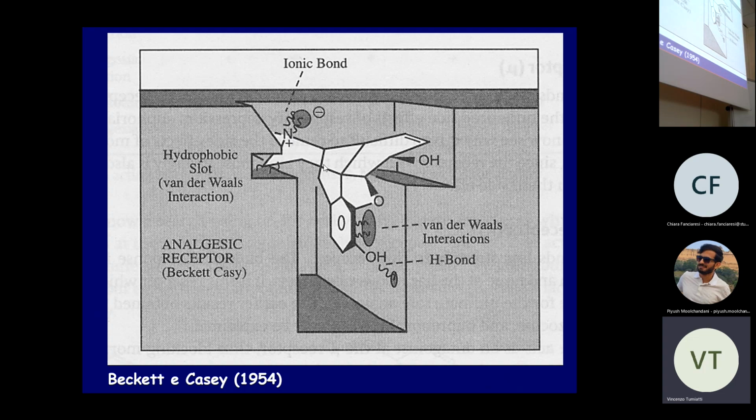This hydrophobic slot, you see van der Waals interaction. These are the 3 points described in that time by Beckett-Casey.